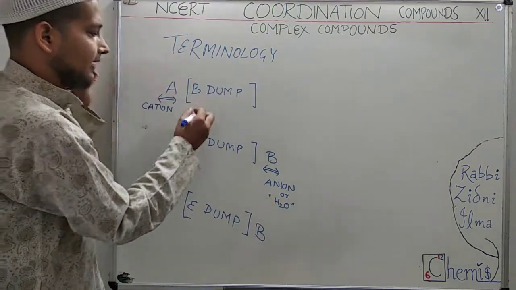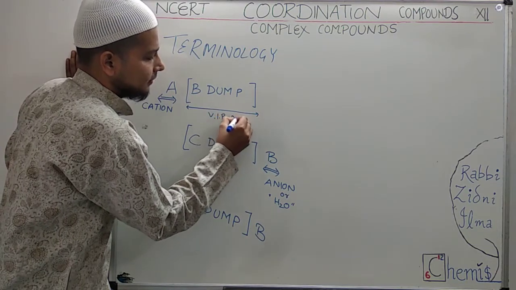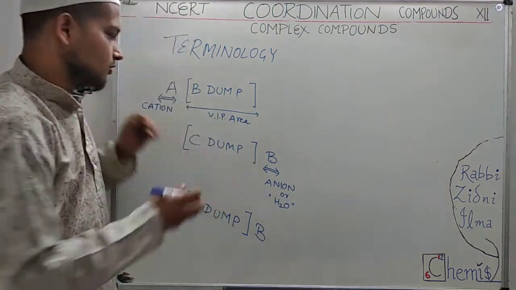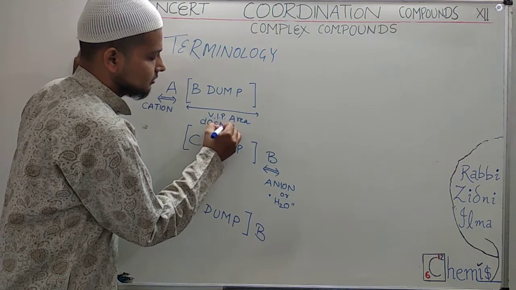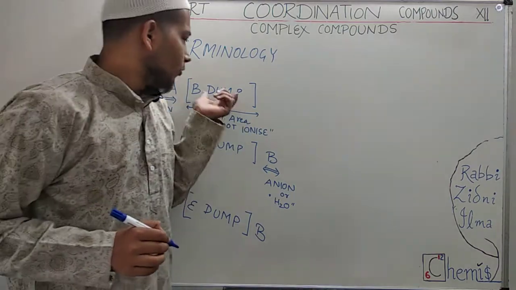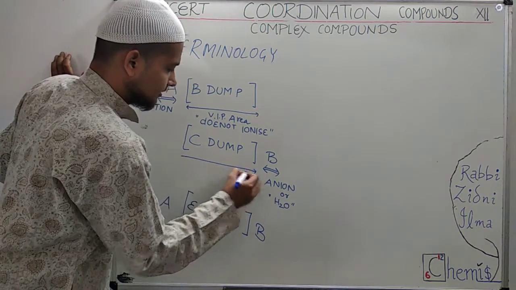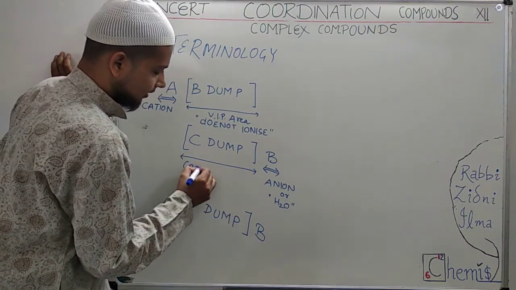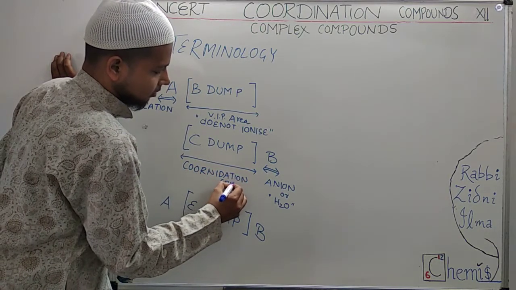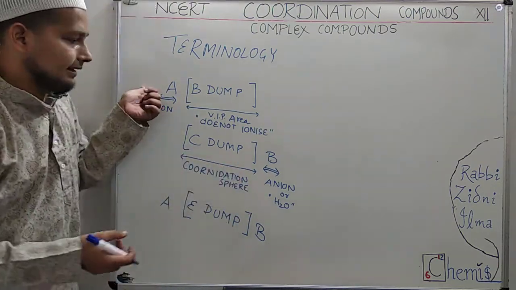Now this square bracket is our VIP lounge, because the ions in it do not ionize. The name of this VIP area, this square bracketed area, is coordination sphere, or we call it coordination entity. So this is the coordination sphere, this is the cation, this is the anion.